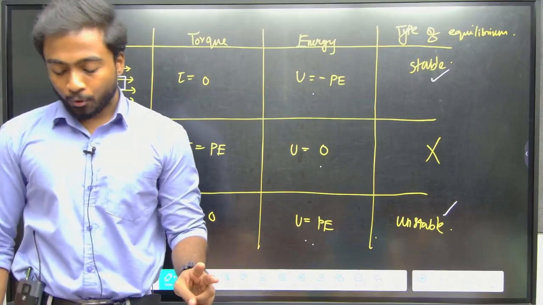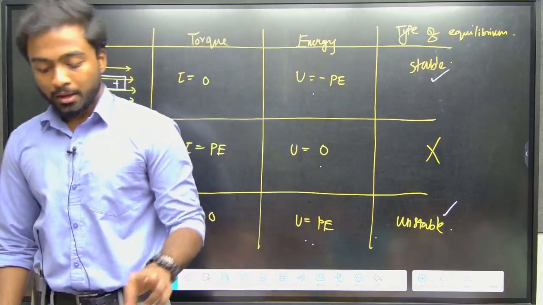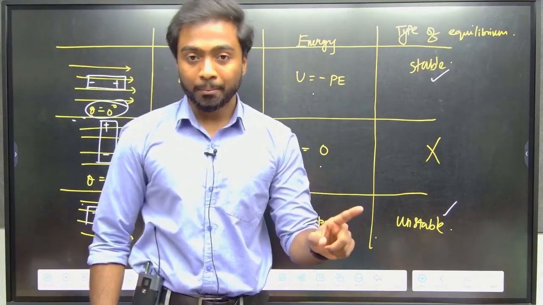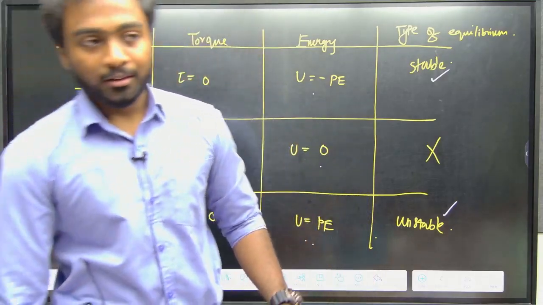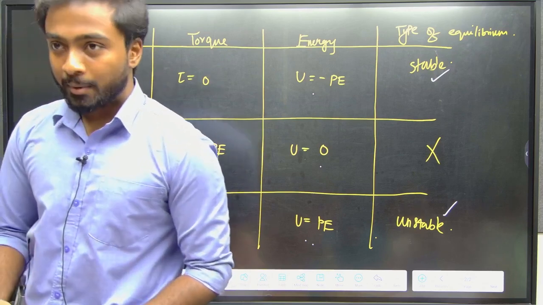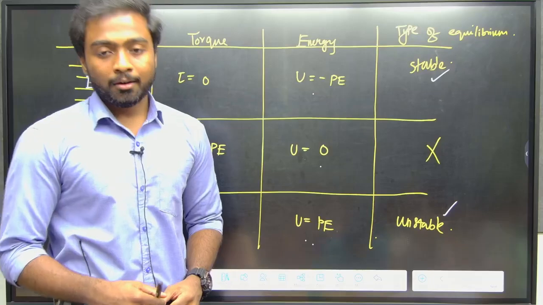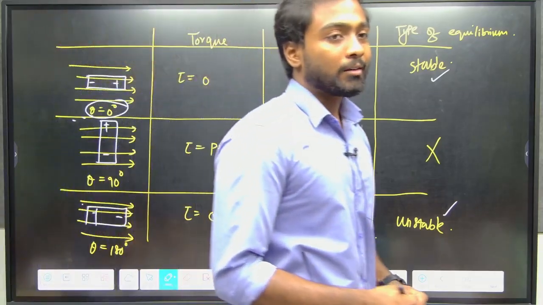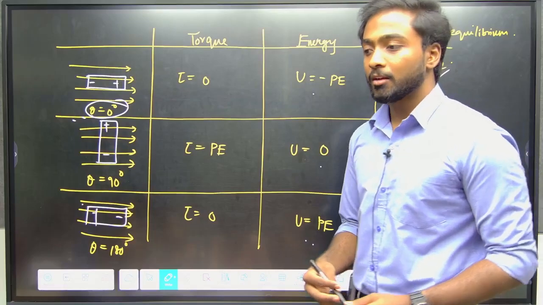An electric dipole of a dipole moment P is placed in the position of stable equilibrium in a uniform electric field of intensity E. It is rotated through an angle to keep it in unstable equilibrium. Then what is the change in potential energy?